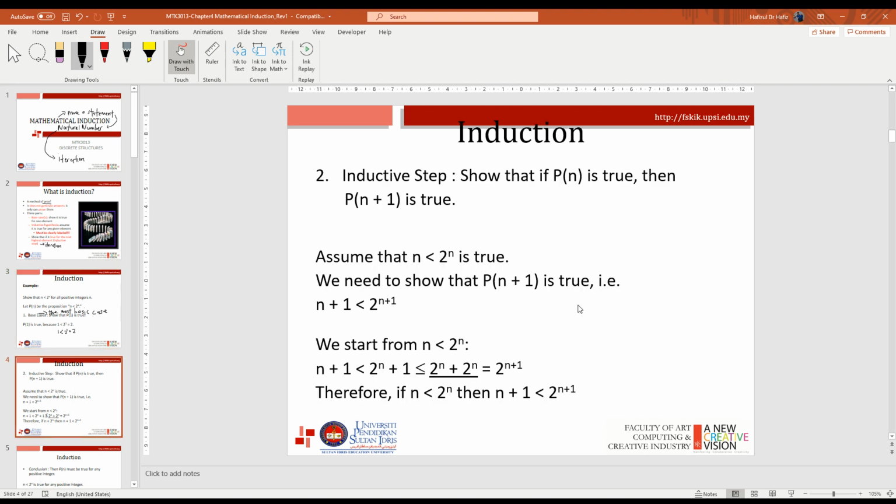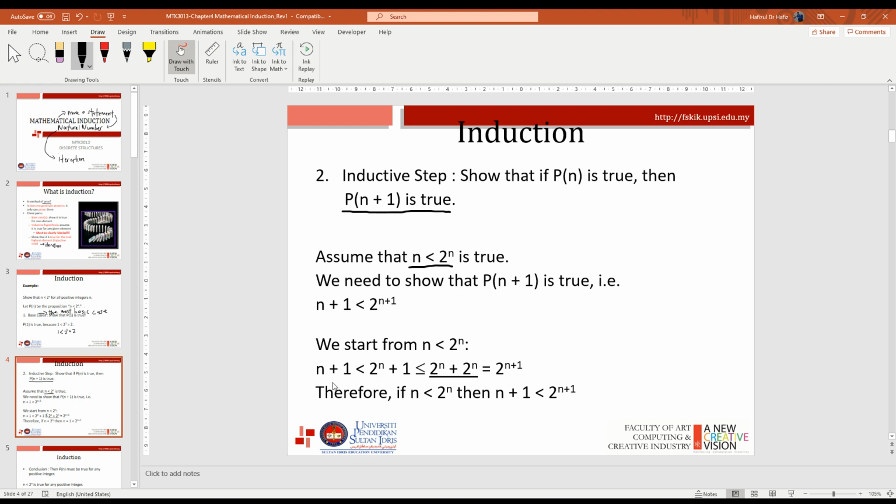Okay. The second step is the inductive step. Show that if P(n) is true, then P(n+1) is also true. We have the condition n less than 2^n is true. So we need to show that P(n+1) is true. For example, we start from n less than 2^n.